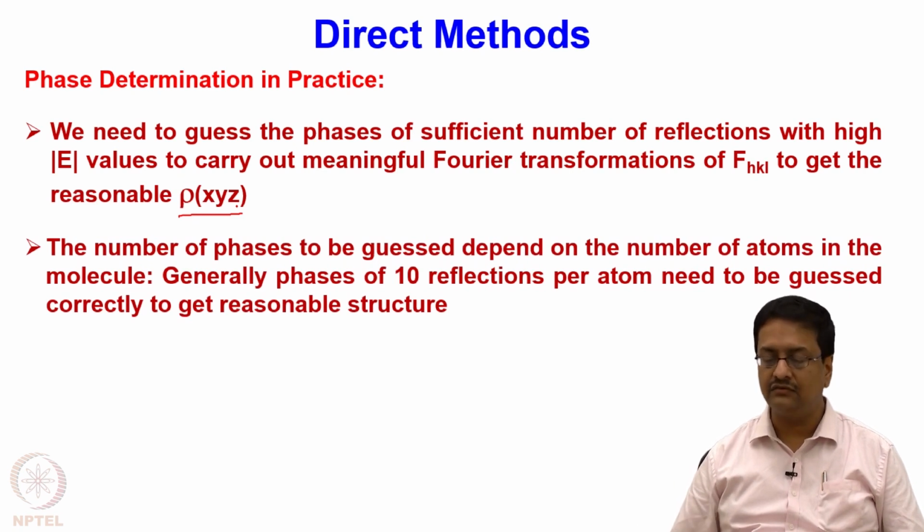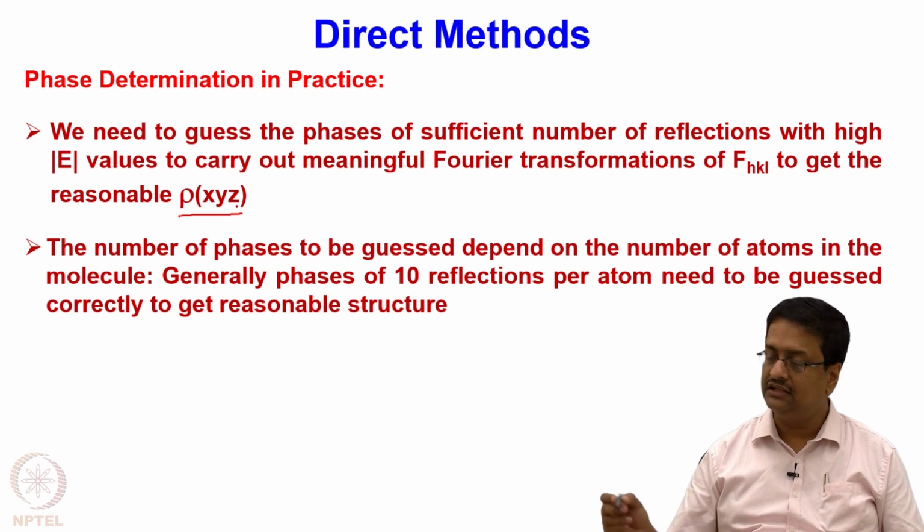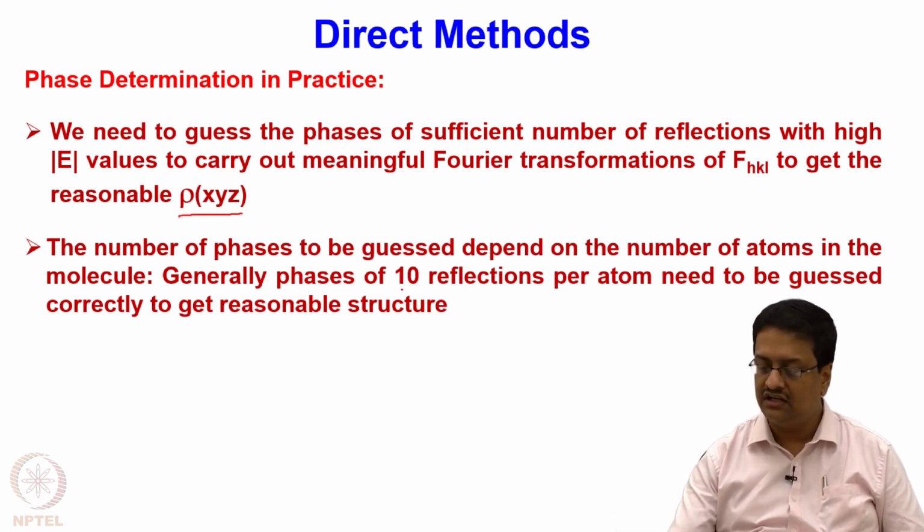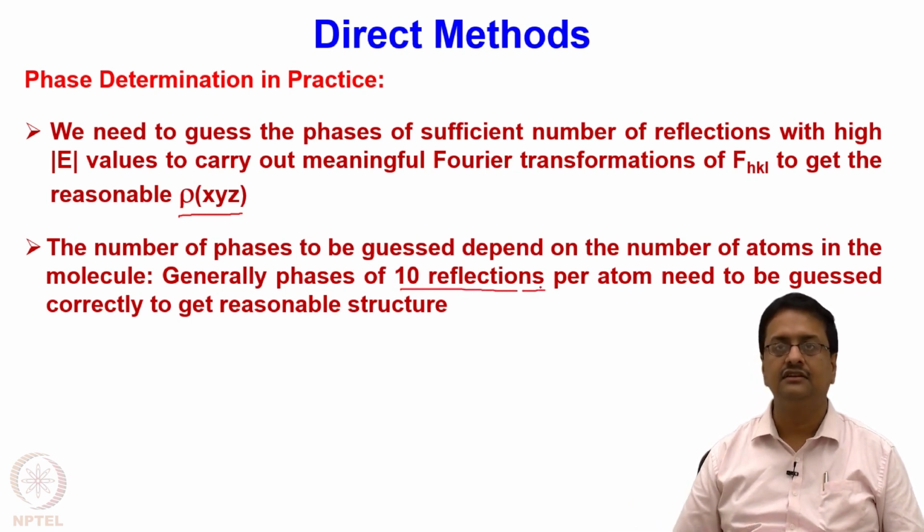The number of phases to be guessed depends on the number of atoms in the molecule. Generally, we need about 10 reflections per atom, with phases to be guessed, to get a reasonable structure of a multi-atom structure.